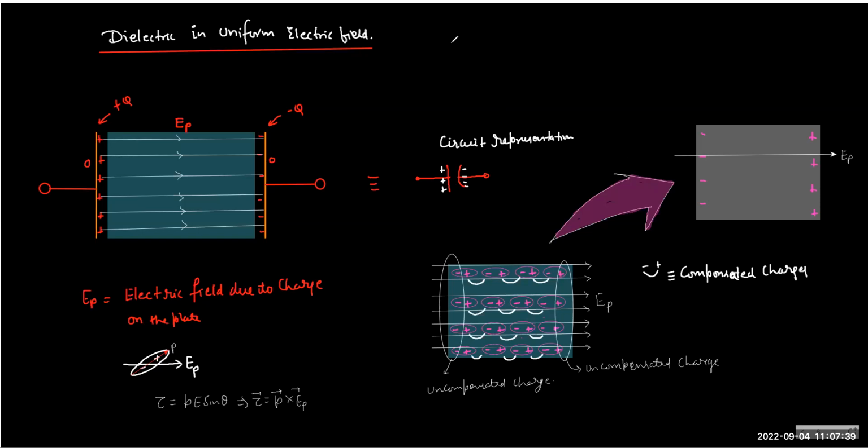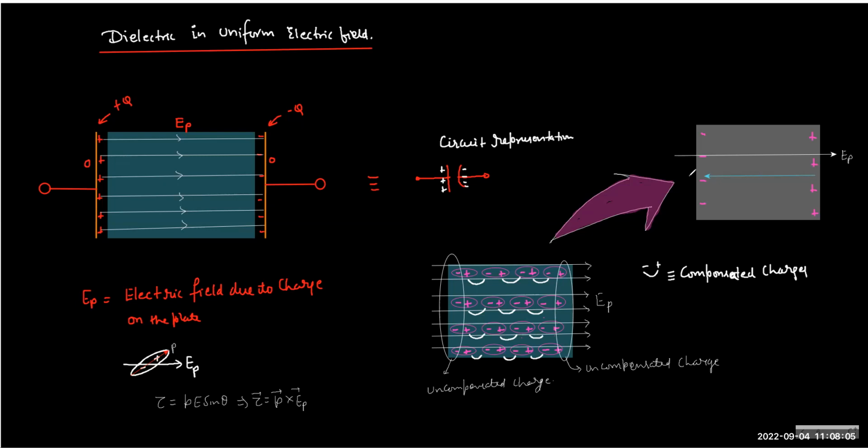But the scope of this field will be its volume itself, because it will terminate on its own negative charge beginning from the positive charge. So the scope of the field that the dielectric creates is the dielectric itself, the medium itself.